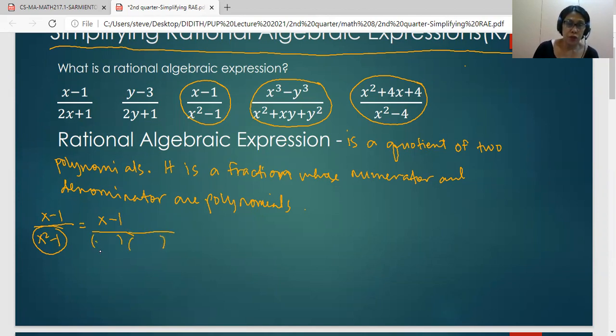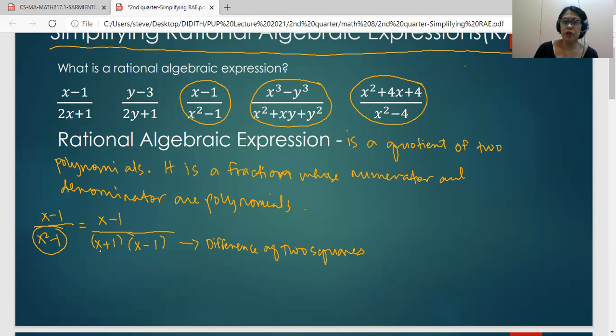These are the square root of x squared, which is x, and the square root of 1, which is 1. So we have made use of factoring the difference of two squares.